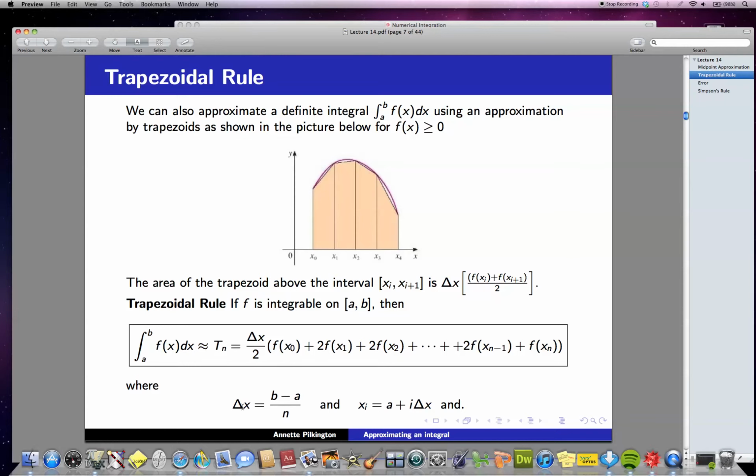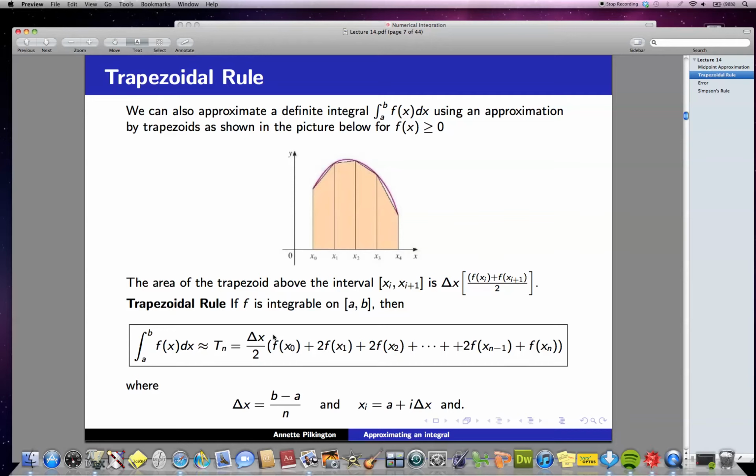To apply it, we first calculate delta x, the length of the interval over n. We calculate the xi's, which usually is easier to do geometrically. Just picture the interval and divide it into n equal parts. And x0 is the left endpoint, then x1, x2, down as far as xn. And then we evaluate f at each of these endpoints of the subintervals.